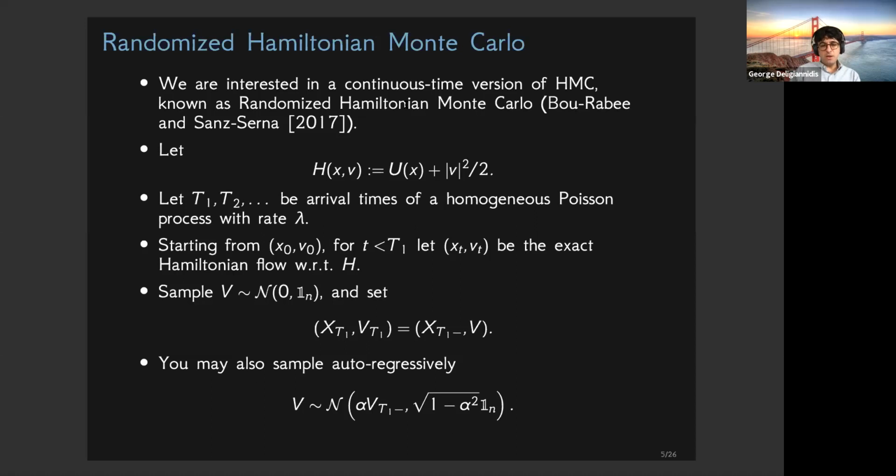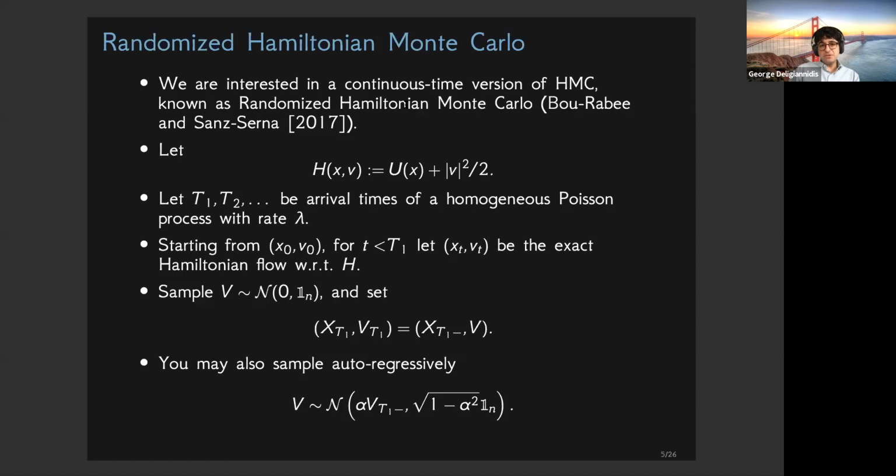Then at time T1, you resample the velocity. You can do that either independently, so you sample a fresh copy of a standard Gaussian in n dimensions, or you can do it autoregressively using a standard AR1 scheme. So obviously it seems that it should be better, and this actually feeds into the discussion we had in the breakout room.